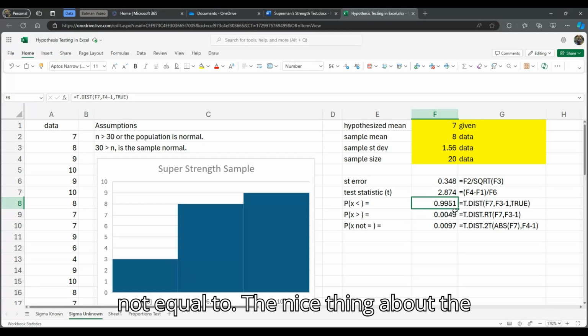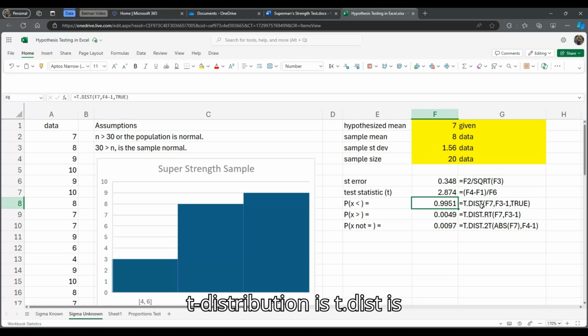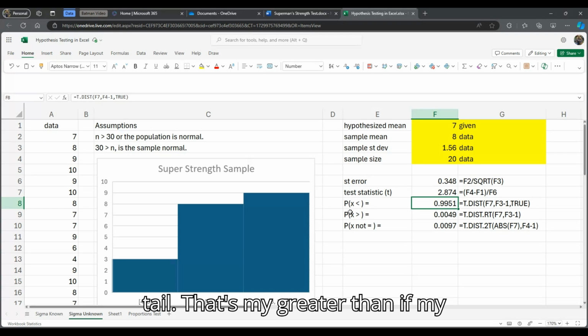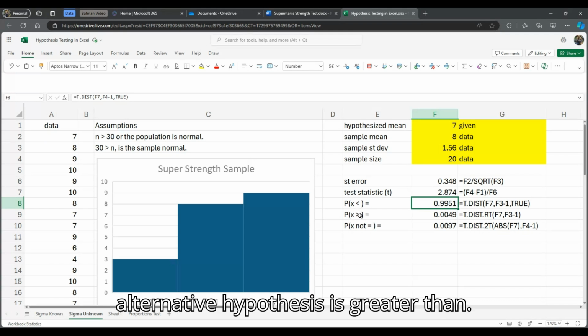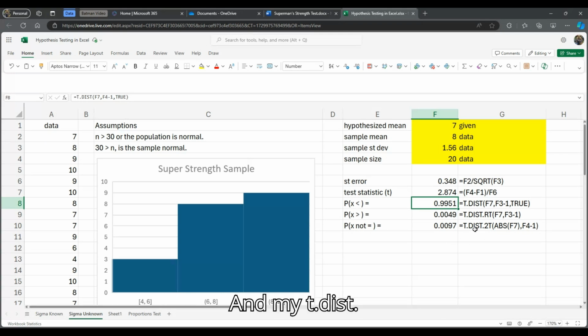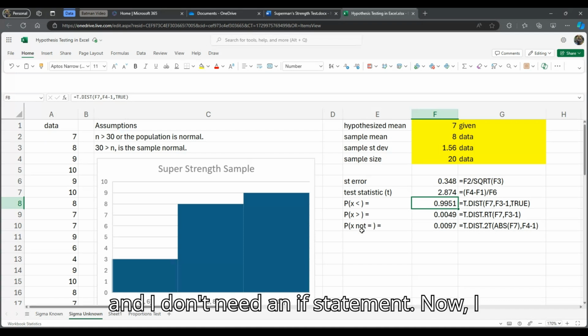The nice thing about the t-distribution is T.DIST is my left hand, x is less than, for my alternative hypothesis. T.DIST.RT stands for right tail. That's my greater than if my alternative hypothesis is greater than. And my T.DIST.2T is there for my not equal to, and I don't need an if statement.